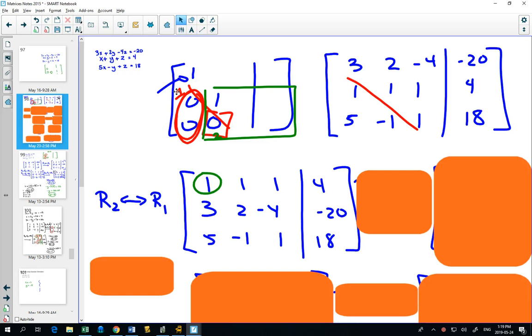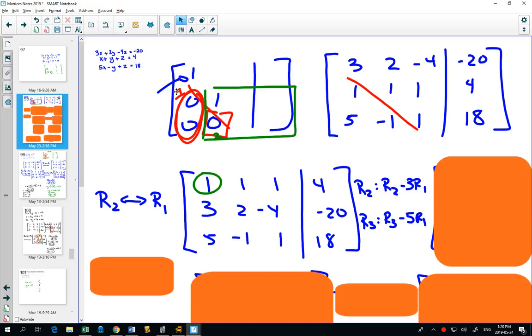And now, how could I get rid of this 3? 3 minus 3 row 1s, right? If I take this one and subtract 5 row 1s, I'd get rid of the 5. So over here, I'll show both of those things at the same time. I'm going to take row 2 and subtract 3 row 1s.